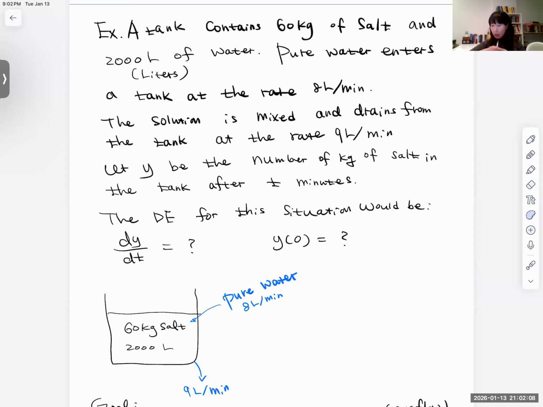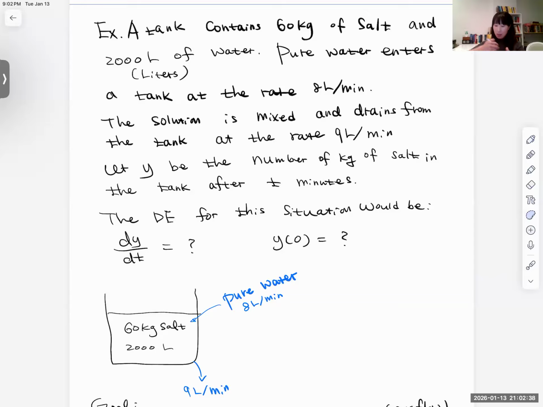Let y be the number of kilograms of salt in the tank after t minutes. The differential equation for this situation would be dy over dt equal to what? And then we need to find the initial condition.